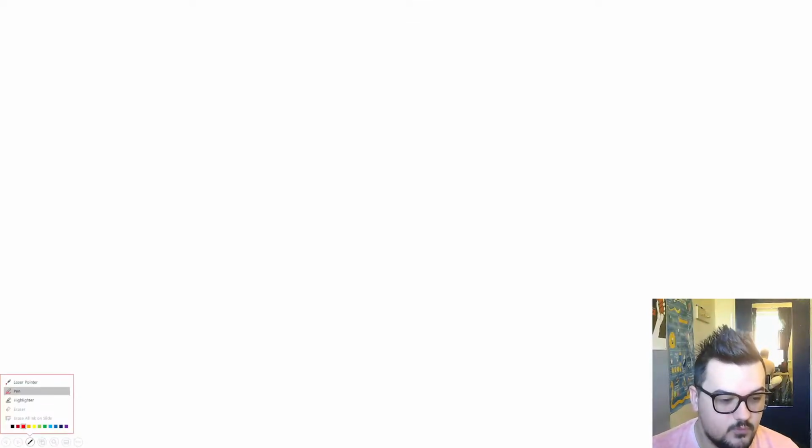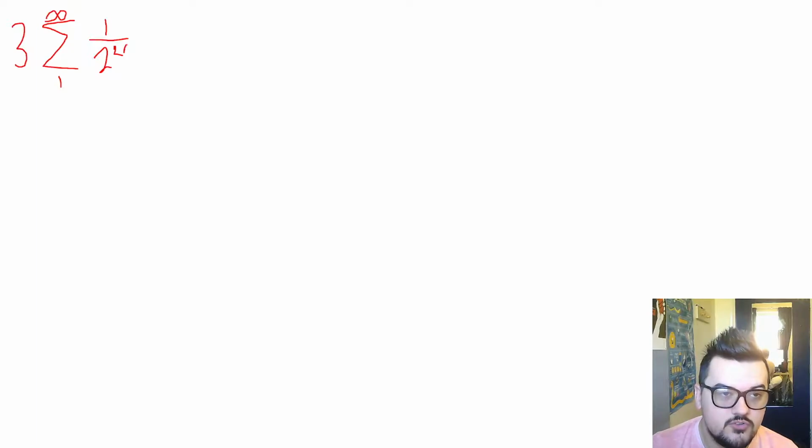So if we write what we're looking for, we're looking for 3 multiplied by the sum from 1 to infinity of 1 over 2 to the 2n, and we're looking to prove that it equals 1.